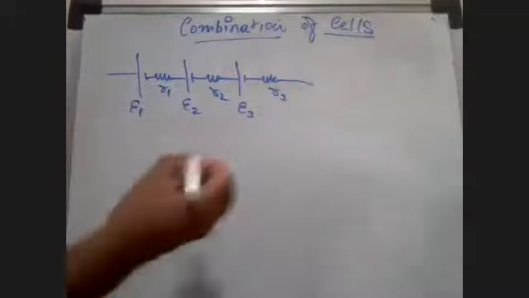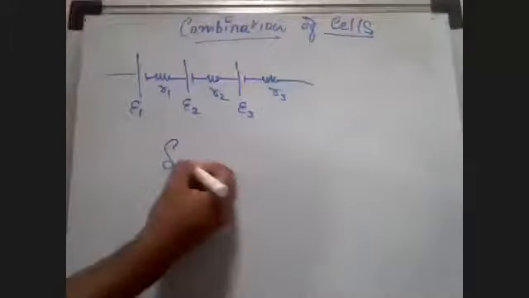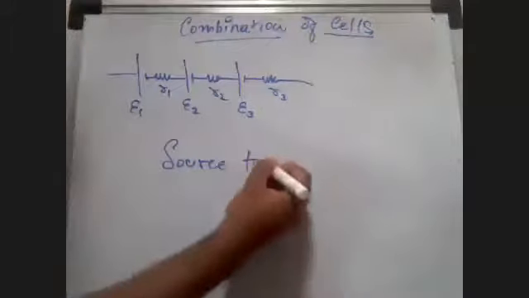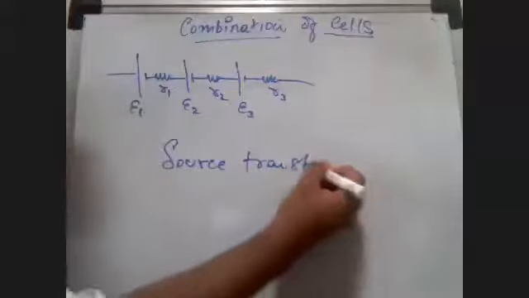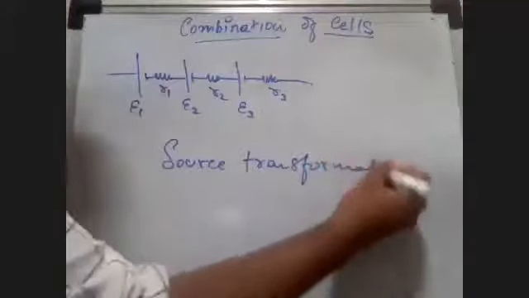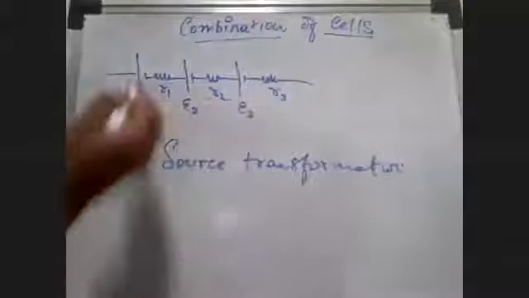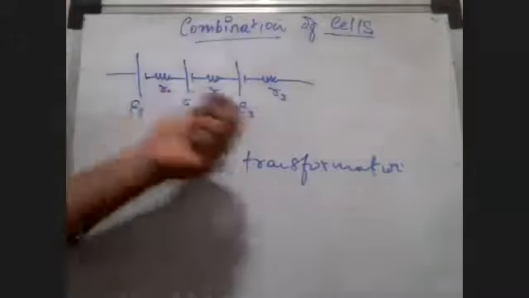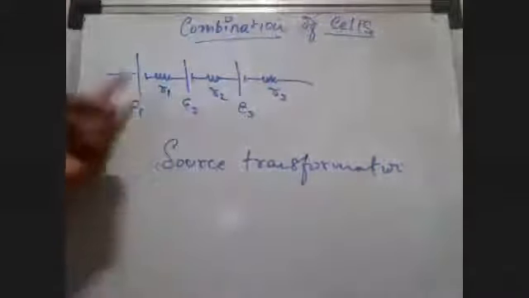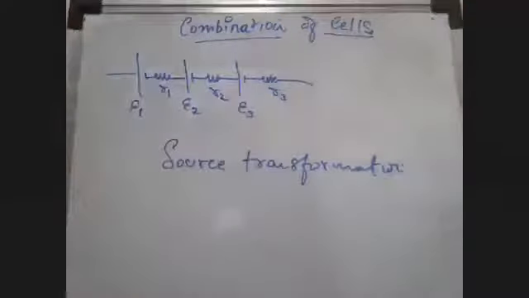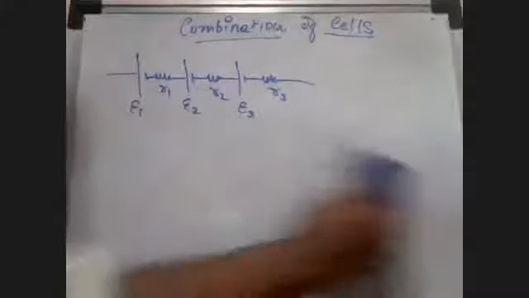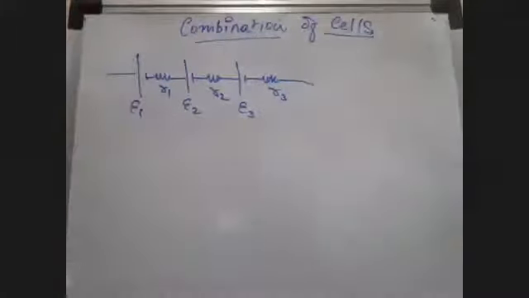By the way, when you go to first year engineering, there's a topic called source transformation. In source transformation, you will learn the concept of converting cells like this, which are potential batteries, into current sources. It becomes much easier to solve a very complicated circuit. But before that, we have to understand simple concepts like this.